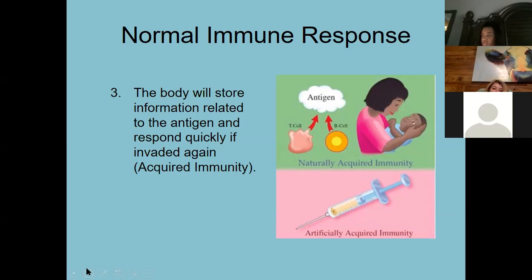And again, acquired immunity can occur naturally through exposure to the antigen, or it can occur artificially via vaccination. But the steps are essentially the same. You are exposed to the antigen, your body responds, produces the antibody, then stores the information for future use.